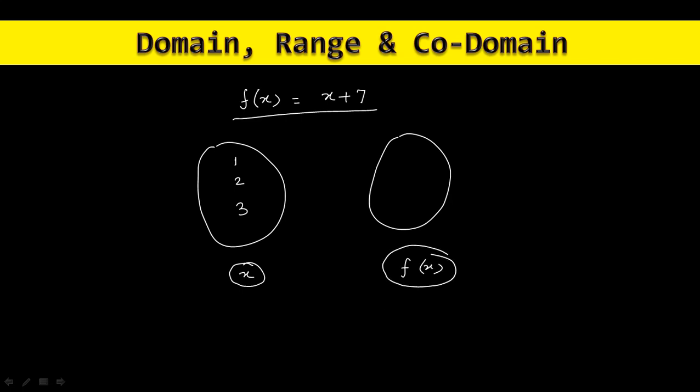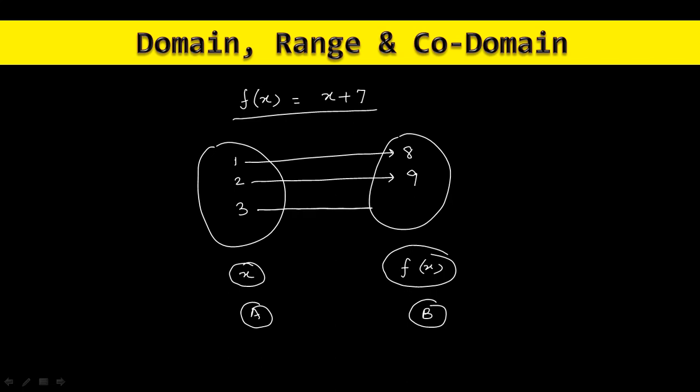Or you can write this one as set A and this one as set B. If I insert 1, the answer is equal to 8. If I insert 2, the answer is equal to 9. 1 plus 7 is equal to 8. 2 plus 7 is equal to 9. And 3 plus 7 is equal to 10.